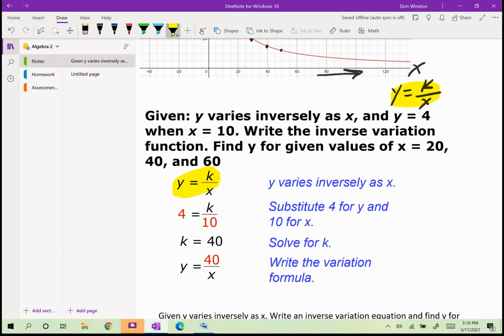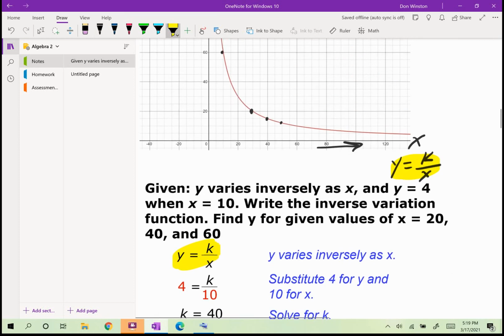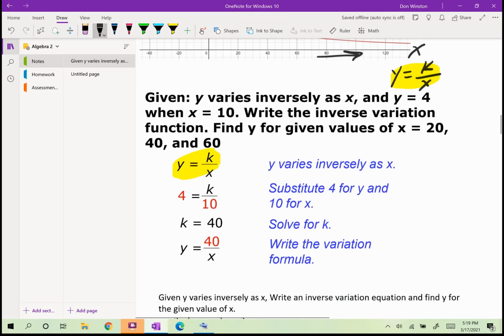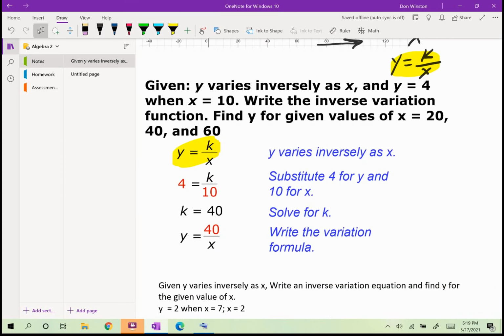Remember, k is equal to y times x. So in order to find k, I have to multiply both sides by 10.